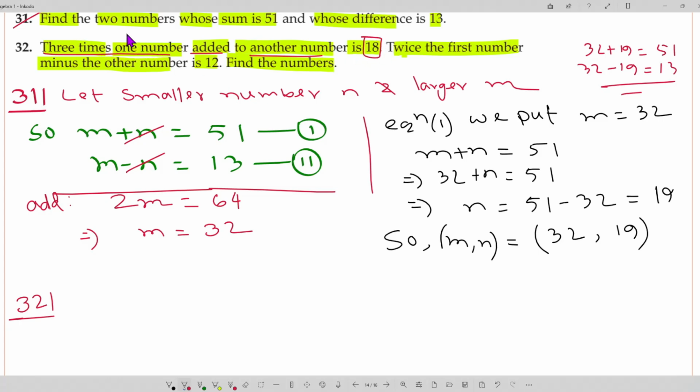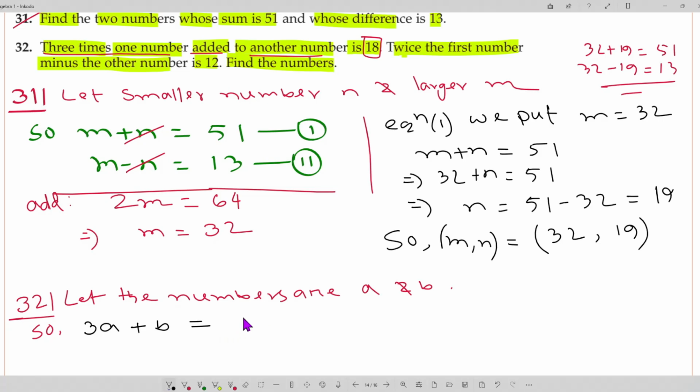So one number we are multiplying by 3. So let the numbers be a and b. So 3 times one number, it means 3a, added to another number, b.